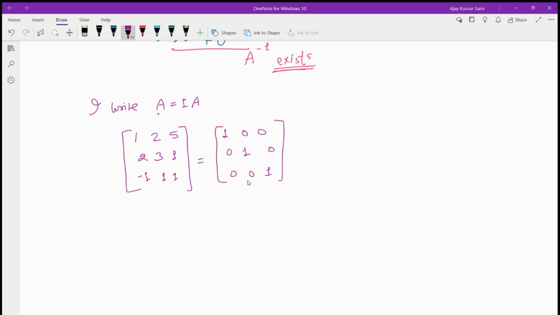Simply, we transform this matrix from here to here, which means we need to make this matrix into I.